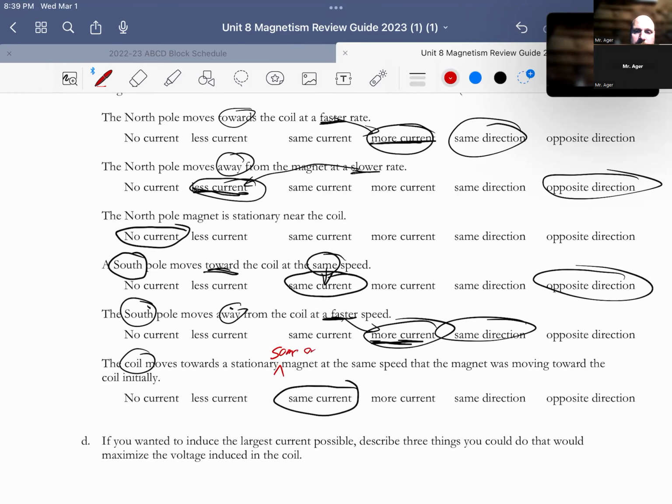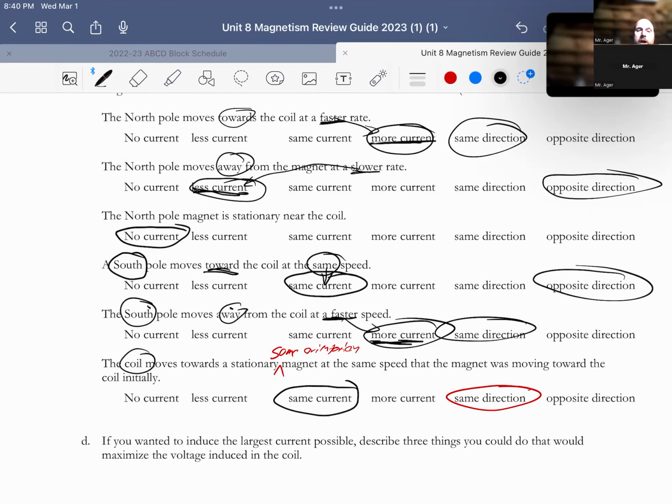If we look up at that picture, we can see it's a north pole. So instead of the north pole moving toward it, now the coil's moving towards the north, and that will produce a current in the same direction. Even though the coil's moving the opposite direction as the magnet was, the relative motion between them, the north and the coil, are getting closer together, and it produces that same current.